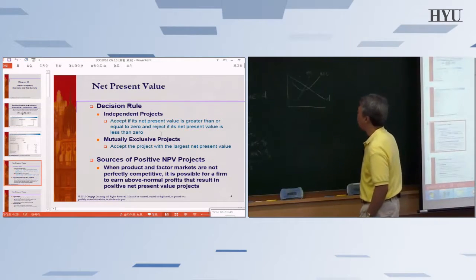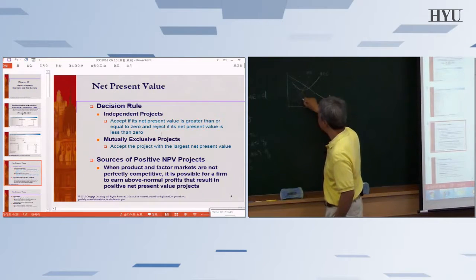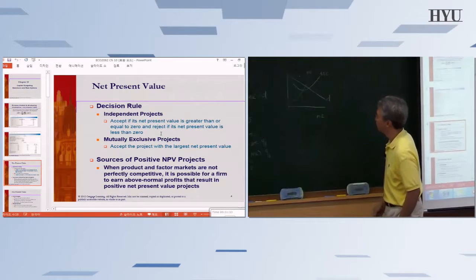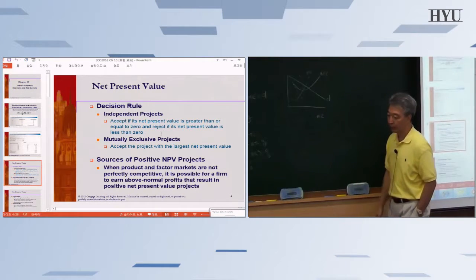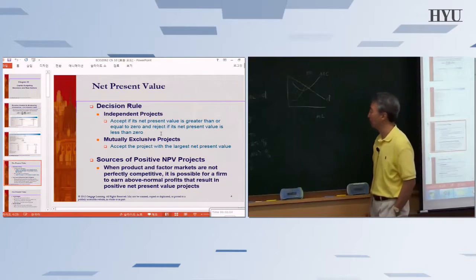And here will be the marginal revenue curve. The marginal revenue curve will be below the demand curve. It will be twice as steep as the demand curve, right? I don't have time to explain all that, but I hope you remember, right?